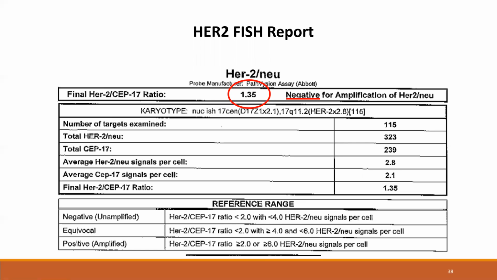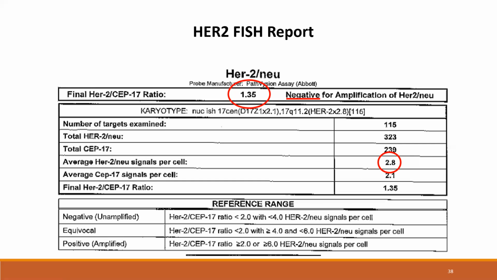Like when I'm texting this, I want 3 things. HER2 by fish negative, HER2 fish ratio 1.35, and we should have a HER2 signal of 2.8. That's the 3 things I would text off of here.